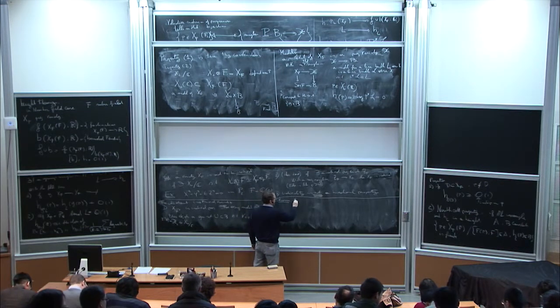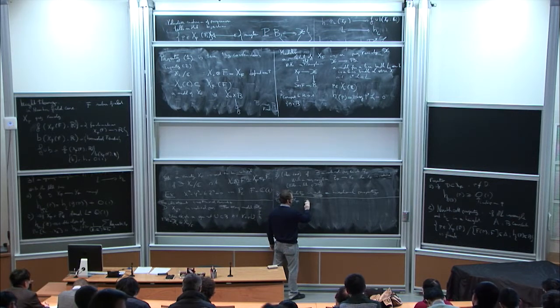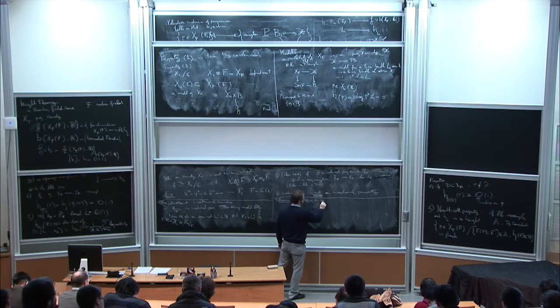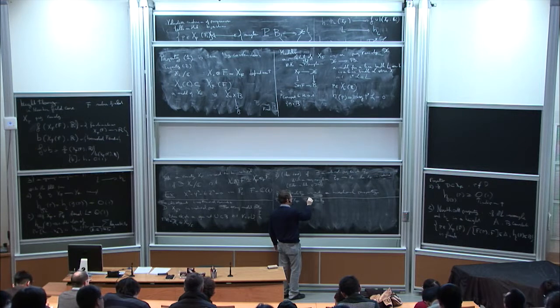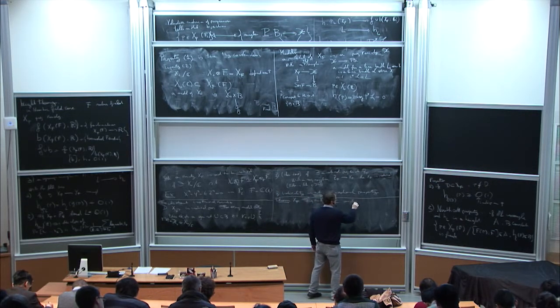You take X over F a smooth projective variety, L an ample line bundle.